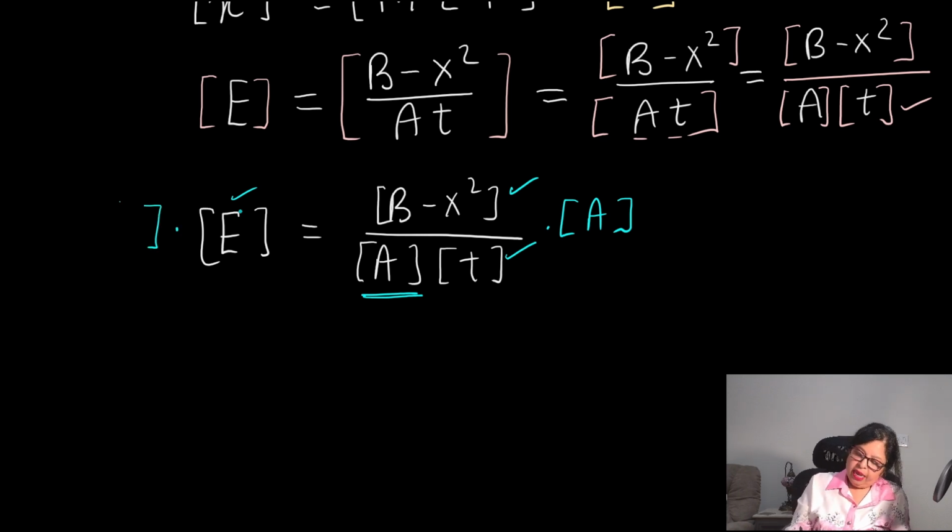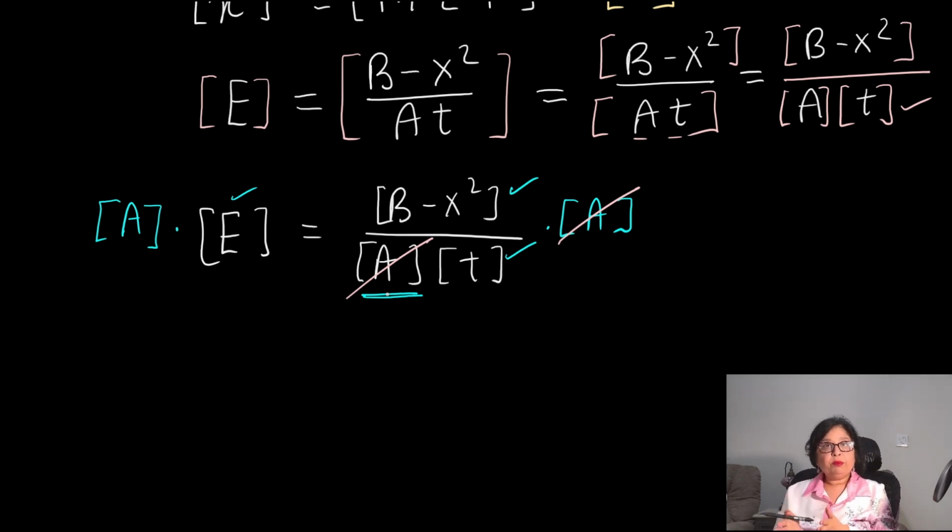For that, let's go ahead and multiply both sides of the equation by a. This way, I'm getting rid of a on the right-hand side. But like I said, I'm trying to isolate the dimensional formula for a. However, on the left side, you see that I have dimensional formula for a times the dimensional formula for E, the energy.